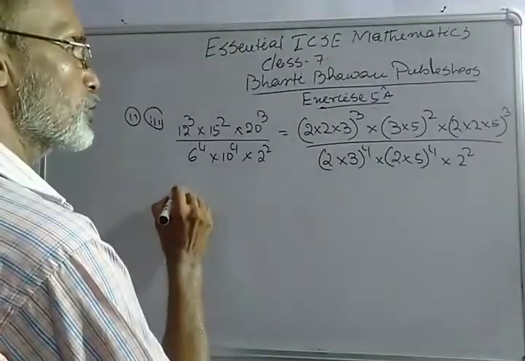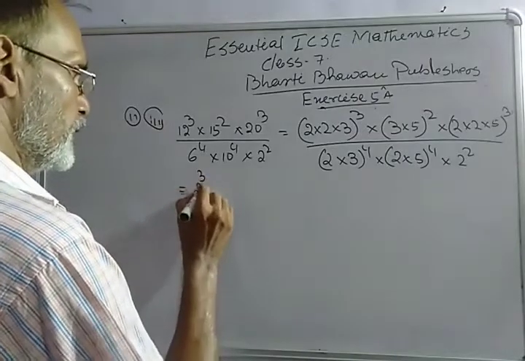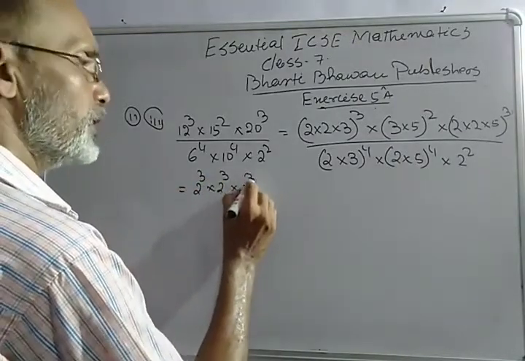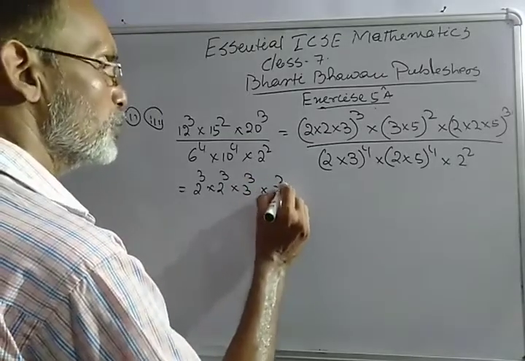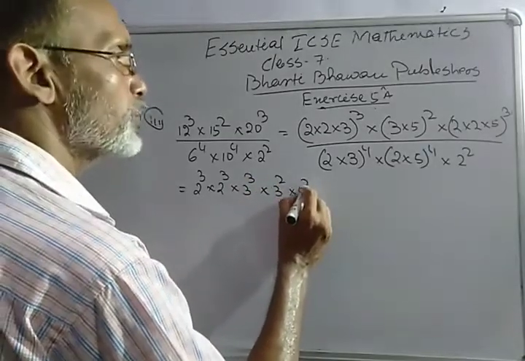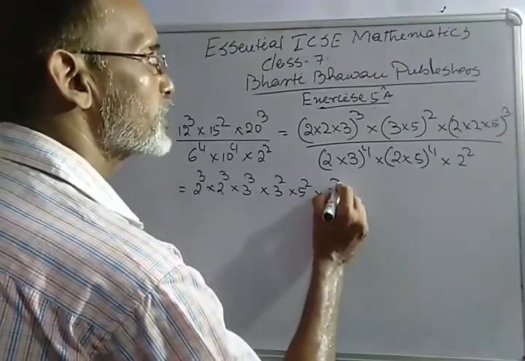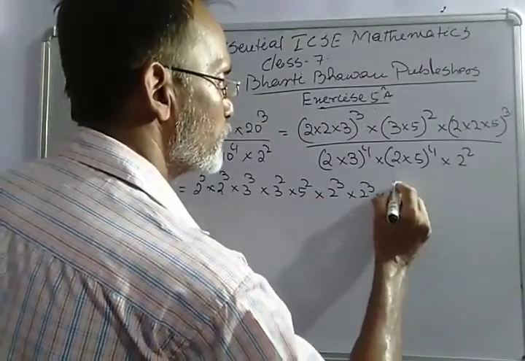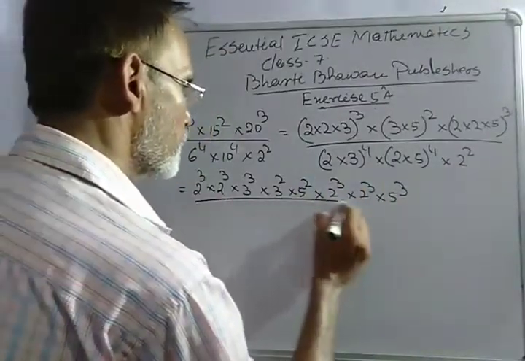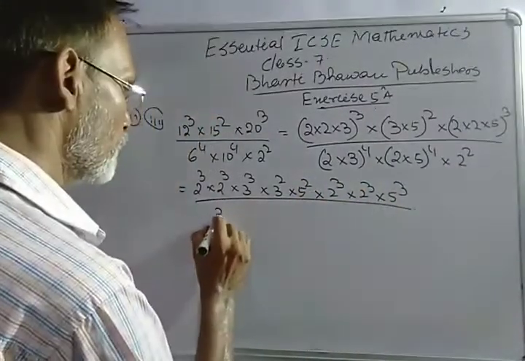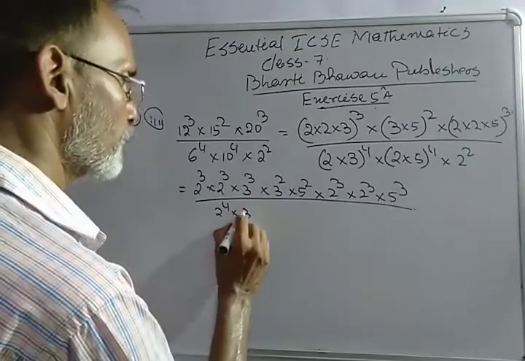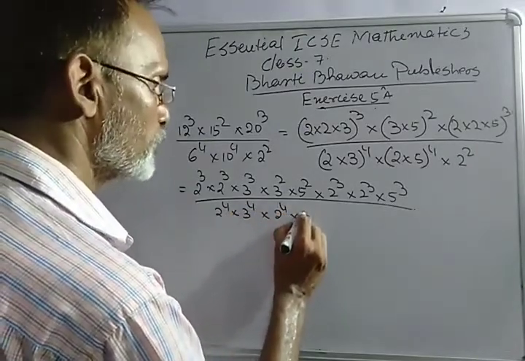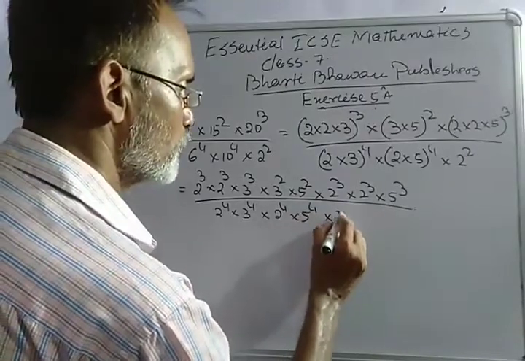So this is equal to 2 to the power 3 into 2 to the power 3 into 3 to the power 3 into 3 to the power 2 into 5 to the power 2 into 2 to the power 3 into 2 to the power 3 into 5 to the power 3 by 2 to the power 4 into 3 to the power 4 into 2 to the power 4 into 5 to the power 4 into 2 to the power 2.